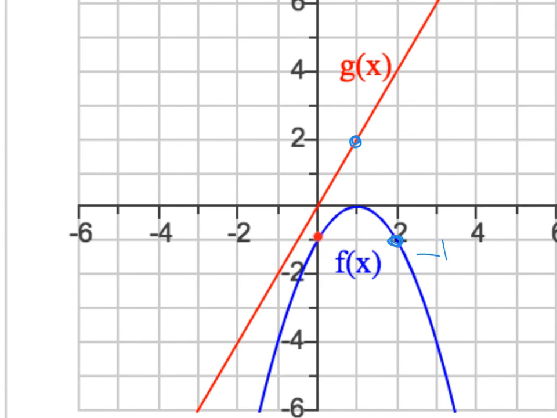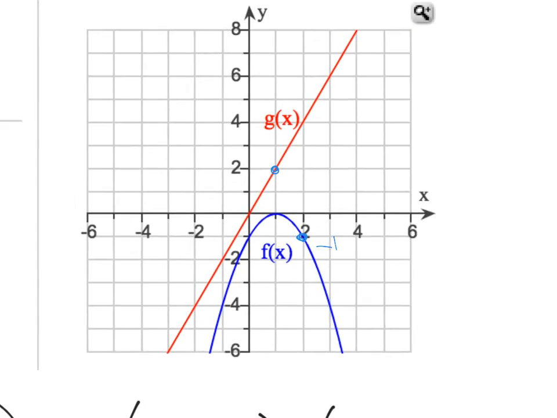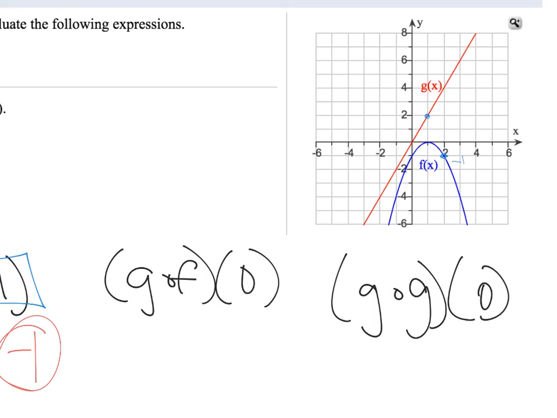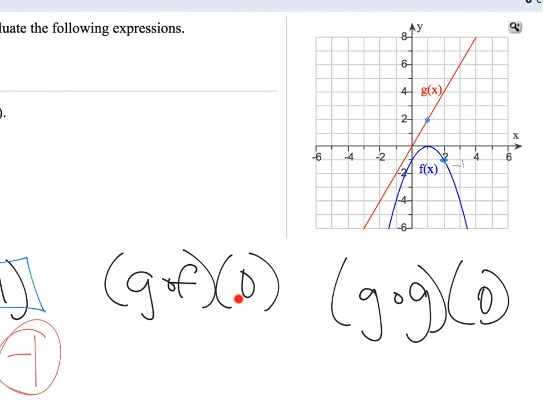We get -1. Then take that -1 and put it into g. Looking downward, it's at -2. So the answer is -2.